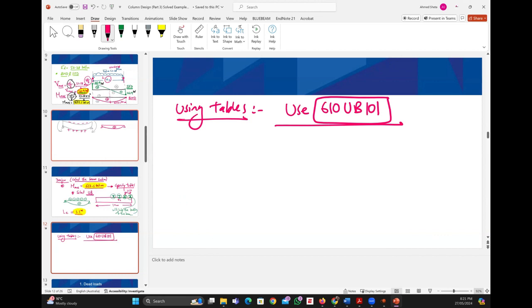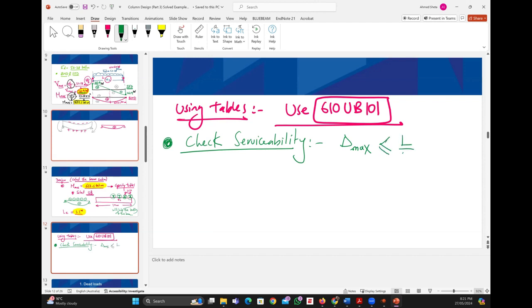Okay. What is the next step after we select the section? Is it finding the deflection? Yes. The next is to check serviceability. I think this is also one important step. We need to make sure that the maximum deflection on this beam is less than or equal to the limit, which is L over 300. Where does this limit come from?